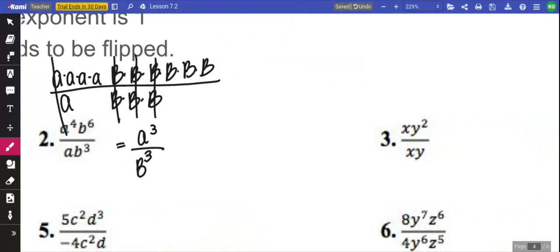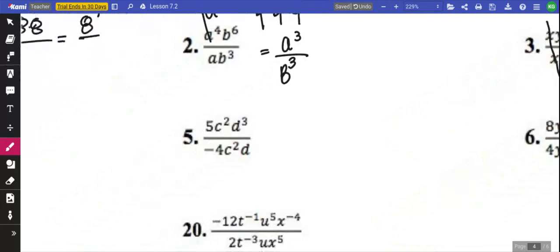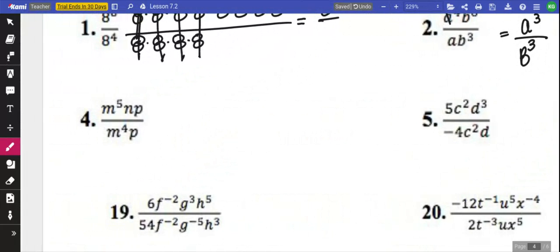On this one, we notice our X's are going to reduce right away. And I have 1 Y on the bottom and 2 on the top. So when I reduce it, there'll be 1 Y left on the top. On this one, I have 4 M's on the bottom, and if I take away 4 from the top, there'll be 1 left on the top. There's no N's to combine, and my P's cross out, so I'm just left with Mn.